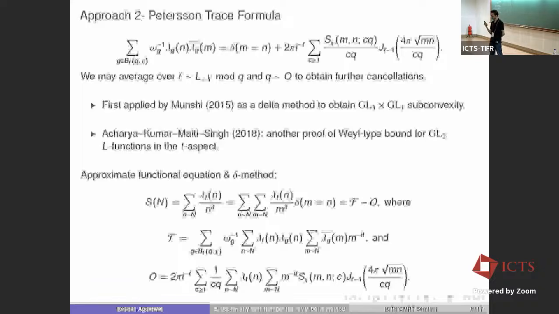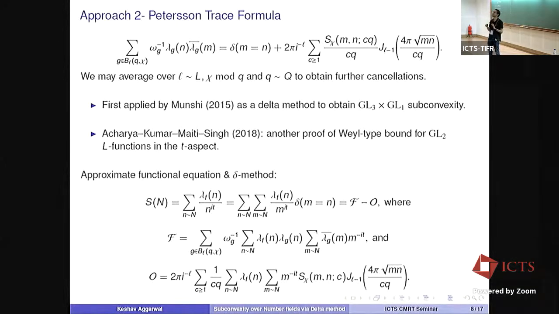So you have this freedom to choose this family according to you, and this f is fixed over here. And then you have this particular sum, which is this off diagonal, which has these Kloosterman sums and this J-Bessel function right over here. So this is the starting of the Petersson trace formula as a delta method in the GL2 L functions setting.